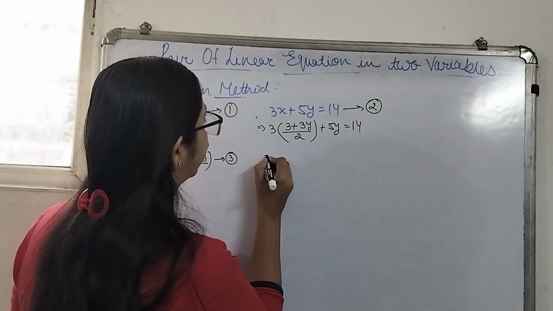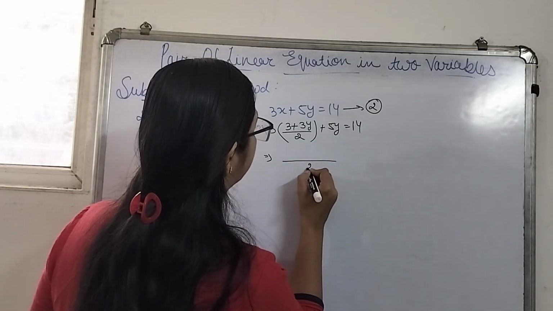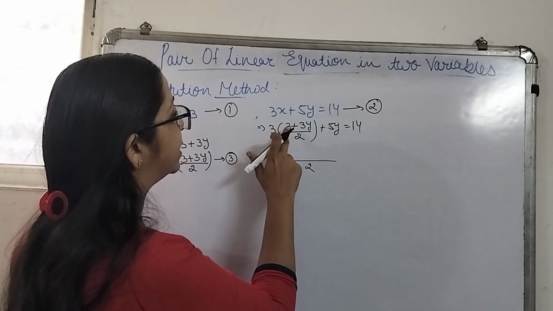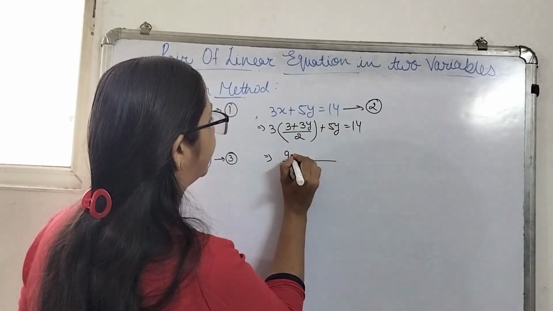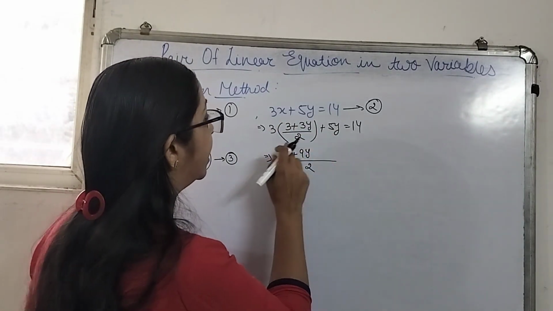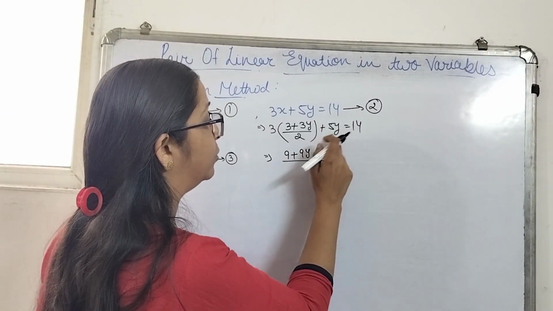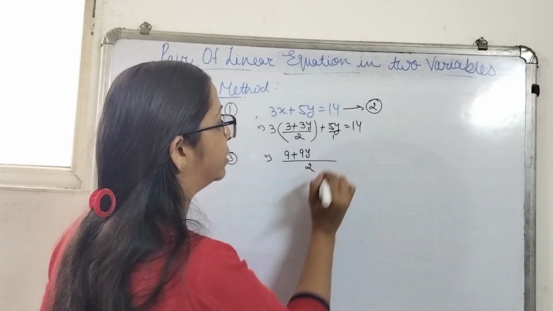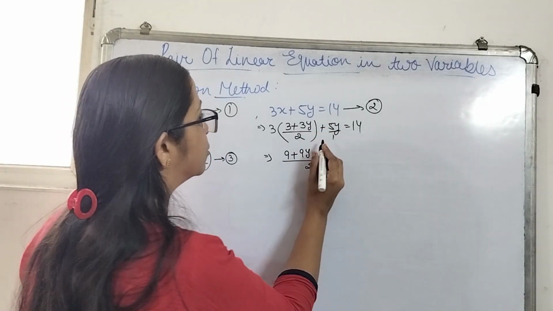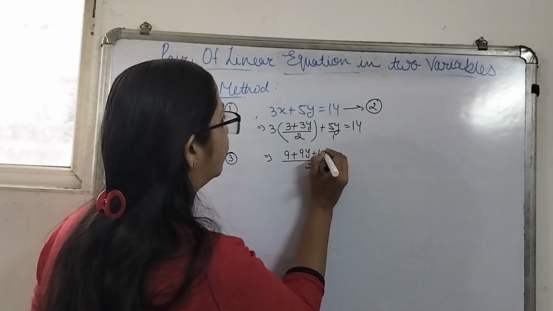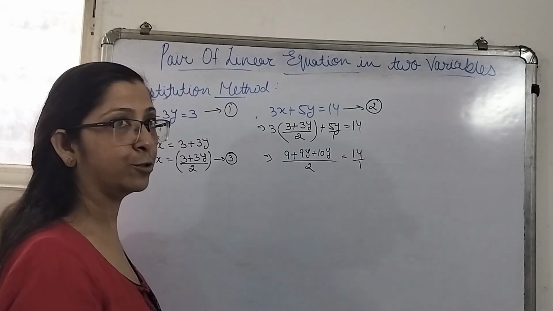First of all, we take the LCM in the LHS part. 3 multiplied by 3 becomes 9. 3 multiplied by 3y becomes 9y. Taking the LCM 2, the denominator over here is 1 only, so to make the denominator 2 we multiply and divide by 2. So this becomes 10y, equivalent to 14, or we can say 14 by 1.